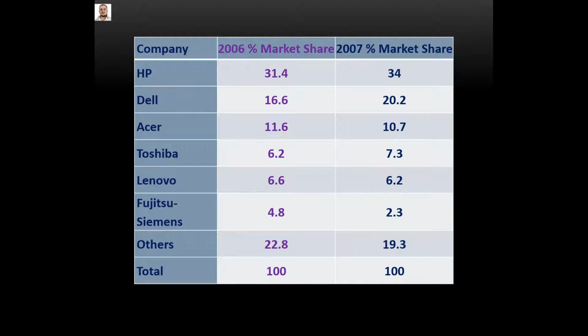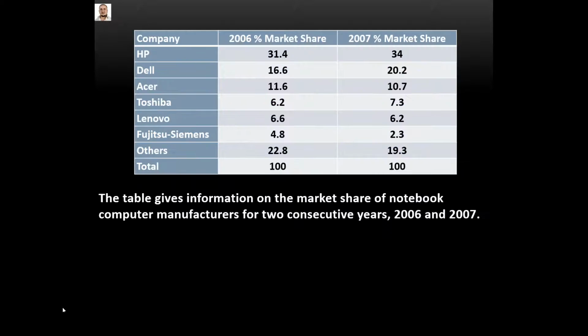Now, here is the table for task 1. Here, if you have it as a figure, we have company, we have market share in 2006 by percentage, and market share by 2007 by percentage. Okay, now let's come here.